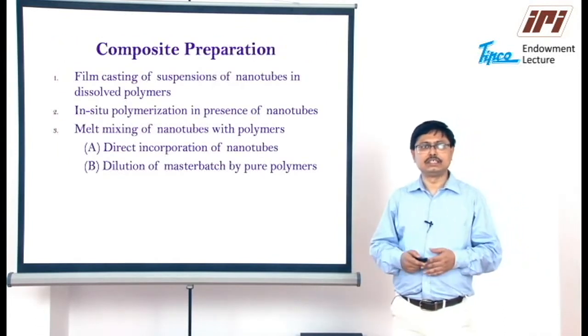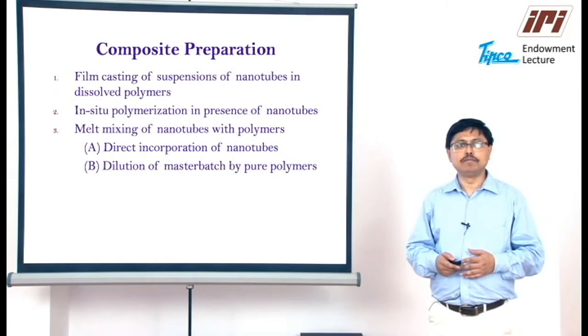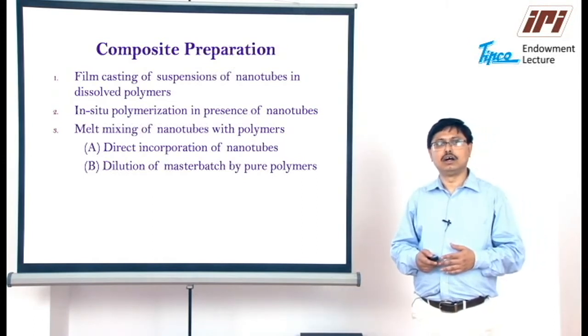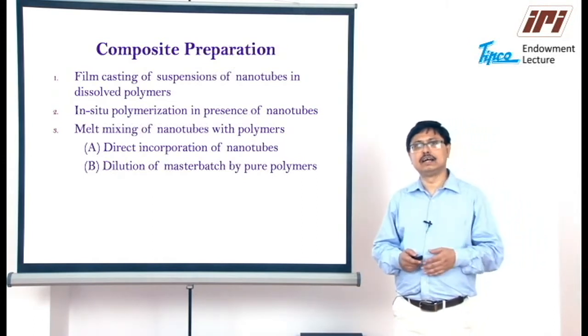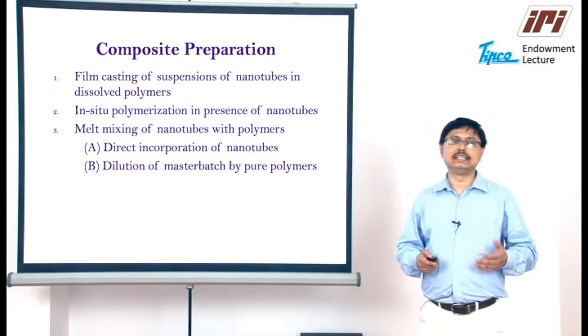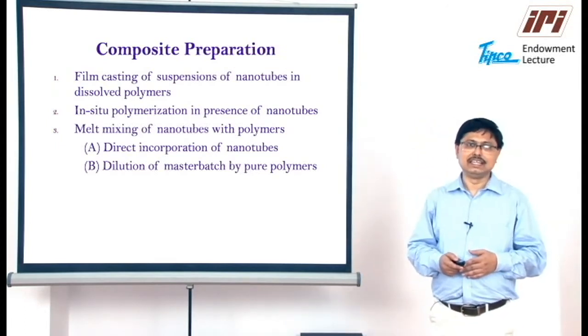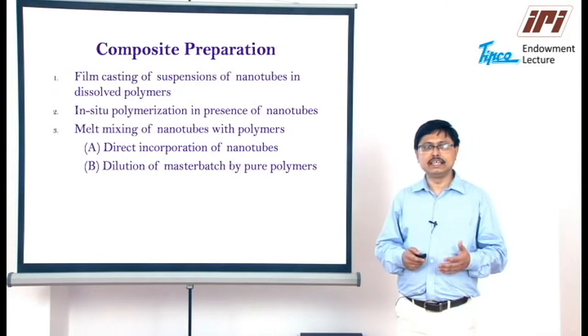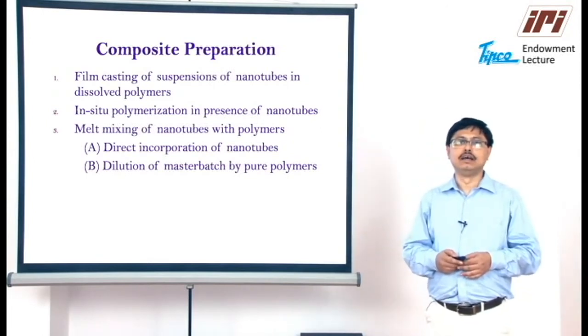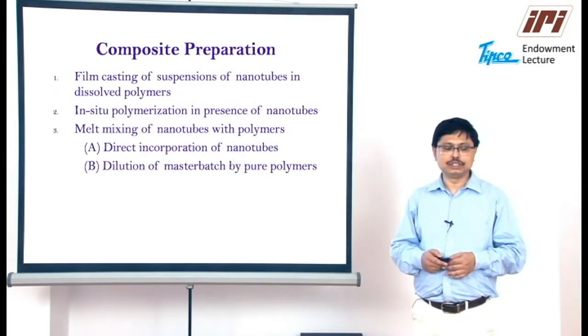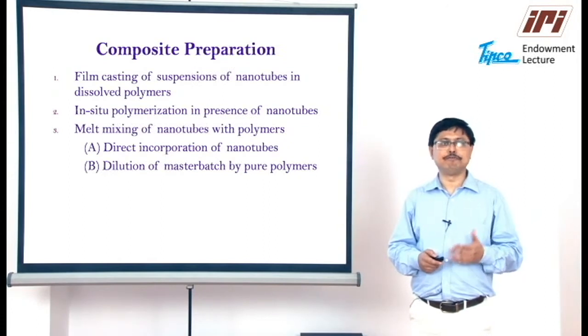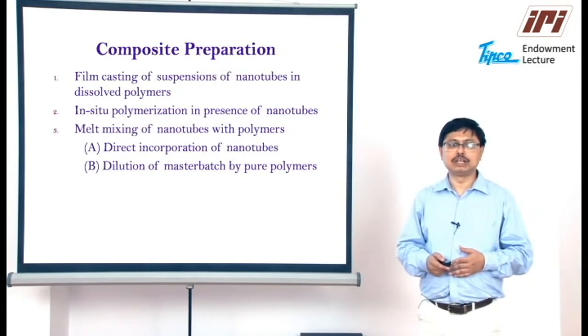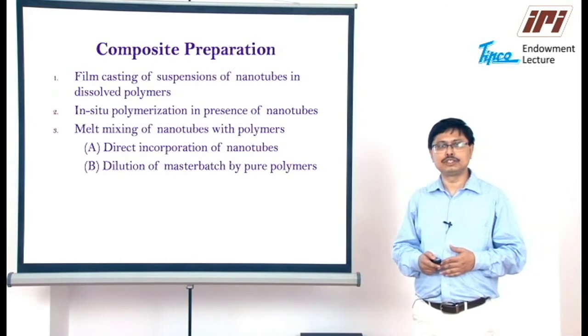Now the question is, how can one make composites by utilizing carbon nanotubes inside polymer matrices? There are in general 3 techniques by which one can make polymer composites. The first one is film casting of a suspension of nanotubes in dissolved polymers.